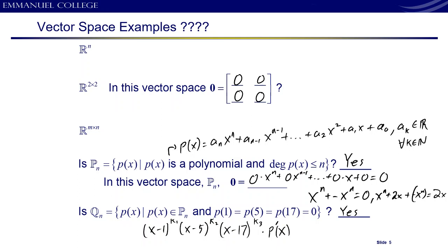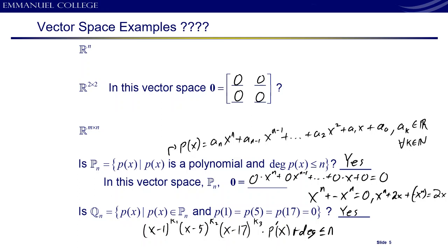And specifically that the degree is less than or equal to n. So whatever the polynomial is, it's still going to have a degree that's less than or equal to n.